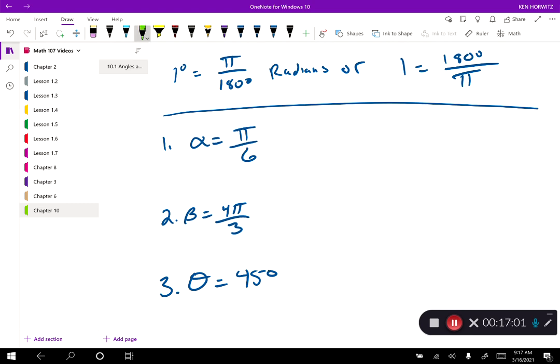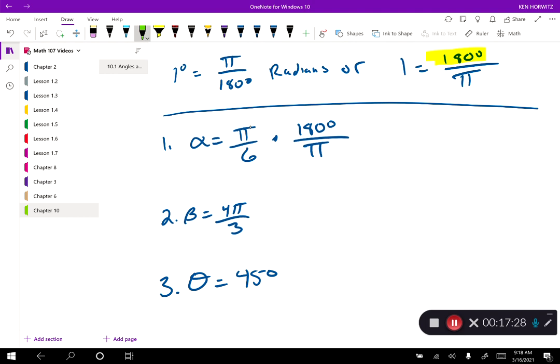So if I'm converting from radians to degrees, this is what I always had trouble remembering, which one to use. Notice if I'm converting to degrees, I need my degree units in the numerator. So I need to multiply times 180 degrees divided by pi.